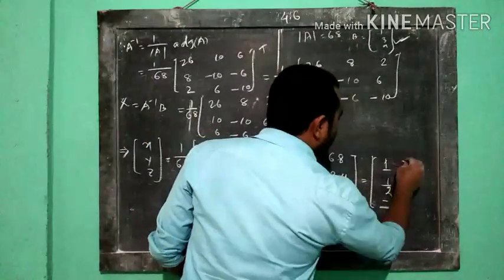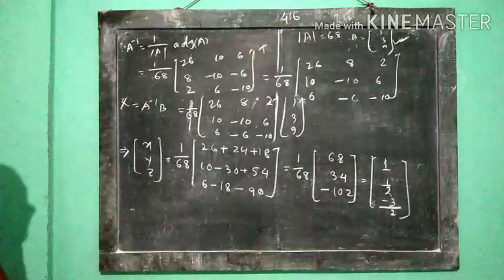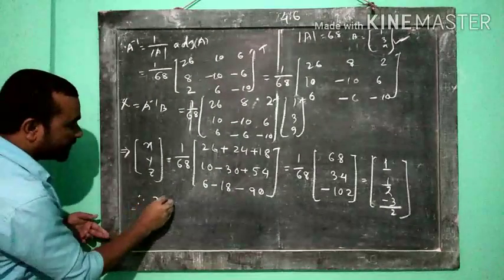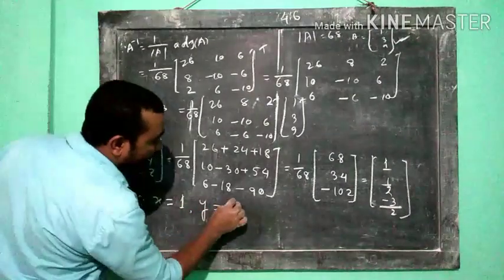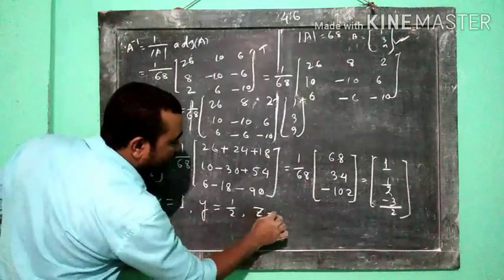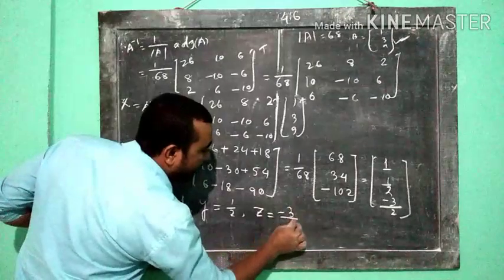Therefore x equal to 1, y equal to 1 by 2 and z equal to minus 3 by 2.